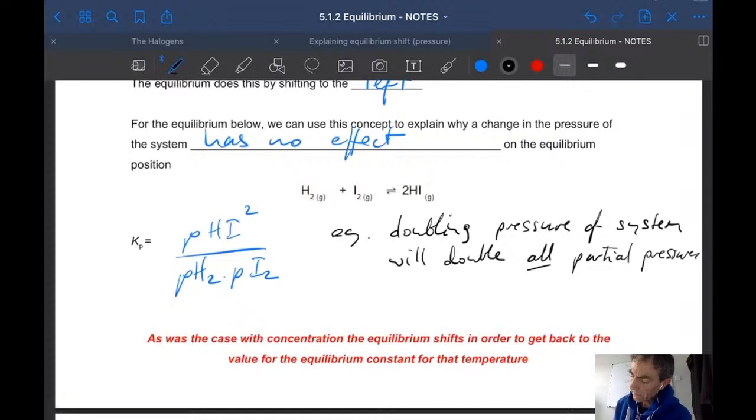So this partial pressure here would be times 2, this would be times 2, this would be times 2.